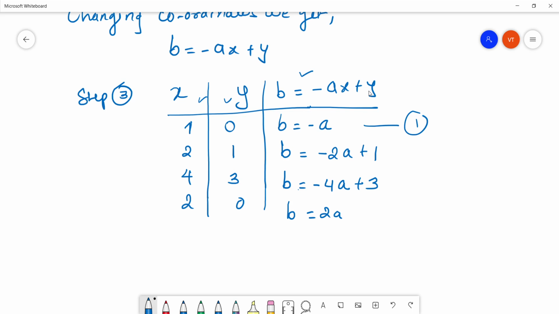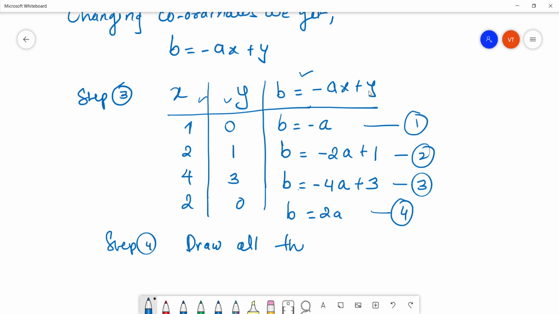So we got these 1, 2, 3 and 4. Now step 4: draw all these 4 lines in the ab plane.